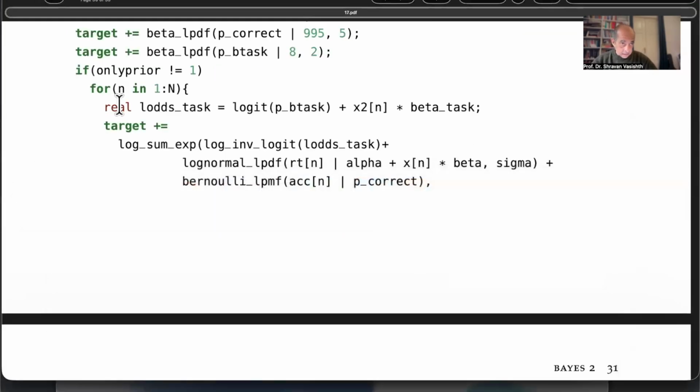It's taking this thing. What was this? This was actually the probability of task engagement, right? So that's what we're converting back to a log probability space.